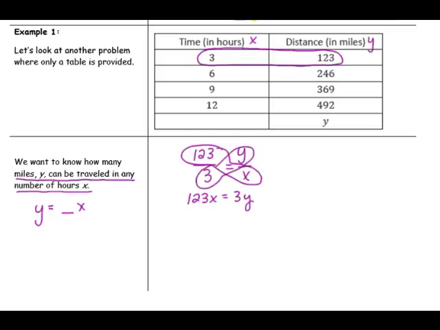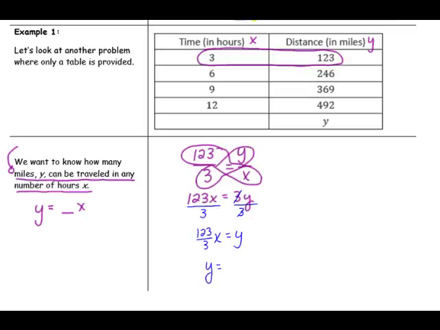Now we want to solve in terms of y so that we are writing the correct equation. Divide by the coefficient 3. So we have 123 over 3 times x is equal to y. And then let's write that in the form of y equals, and we'll also simplify 123 divided by 3.